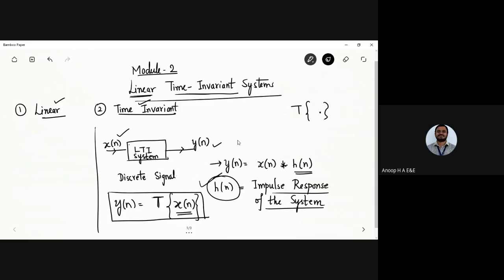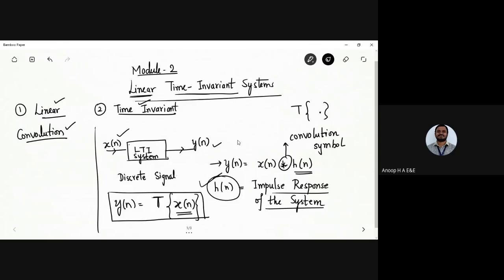One more important topic related to the linear time invariant system is convolution. This symbol represents the convolution operation.